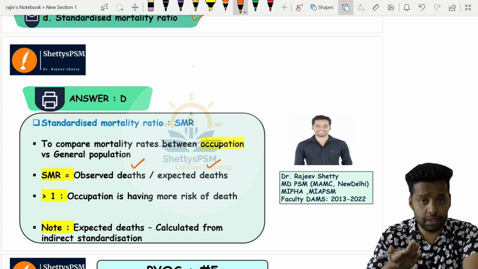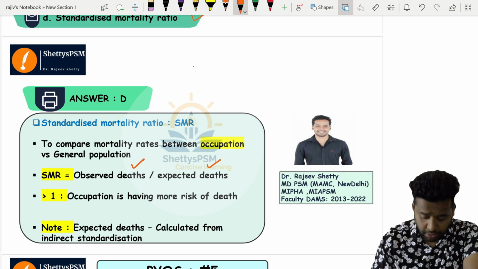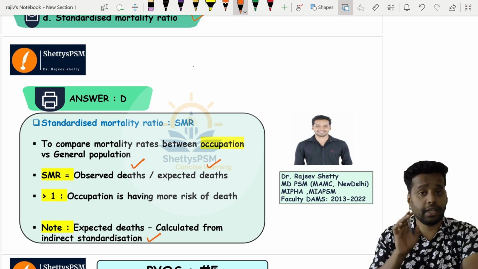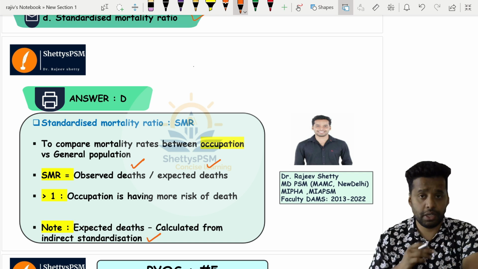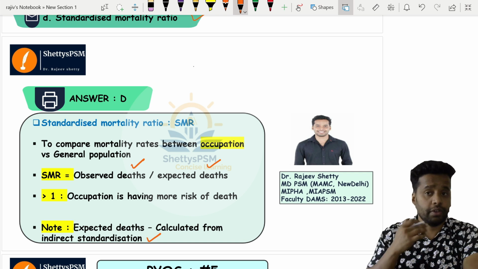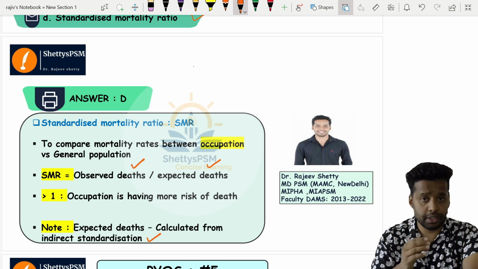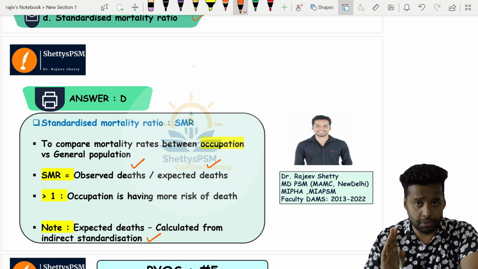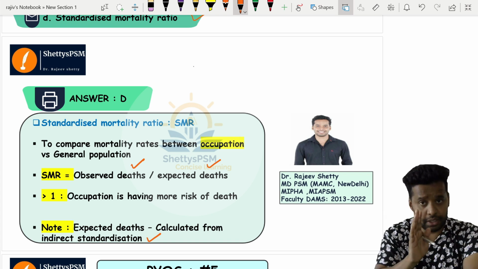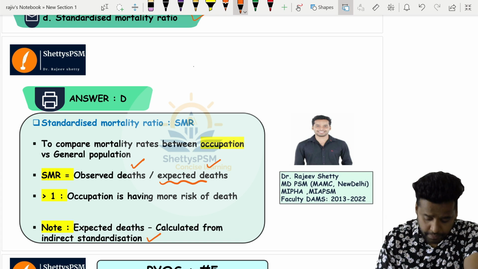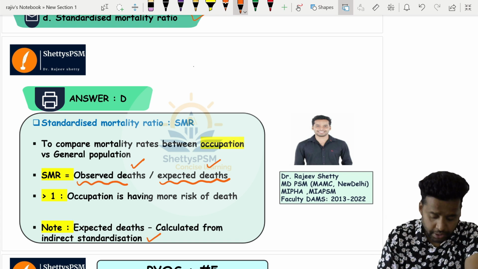Observed deaths will be given. Expected deaths you calculate by using indirect standardization. I'm not going into detail, it's not that important. Indirect standardization means you take the rates of the standard population and apply them on the study population, so then you will get expected deaths. Observed deaths are already given.